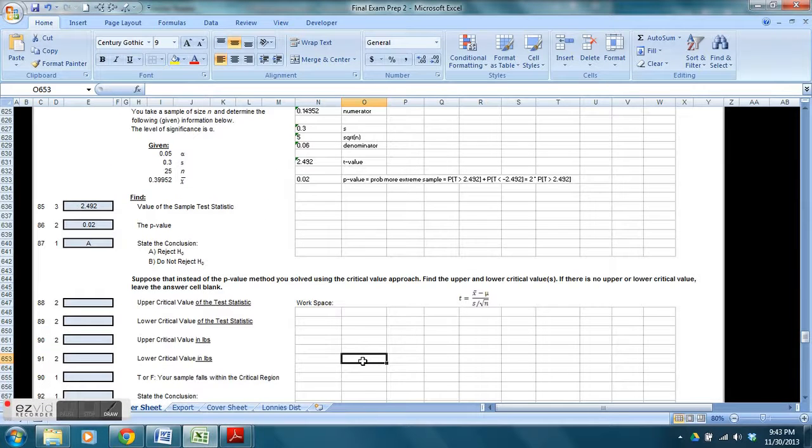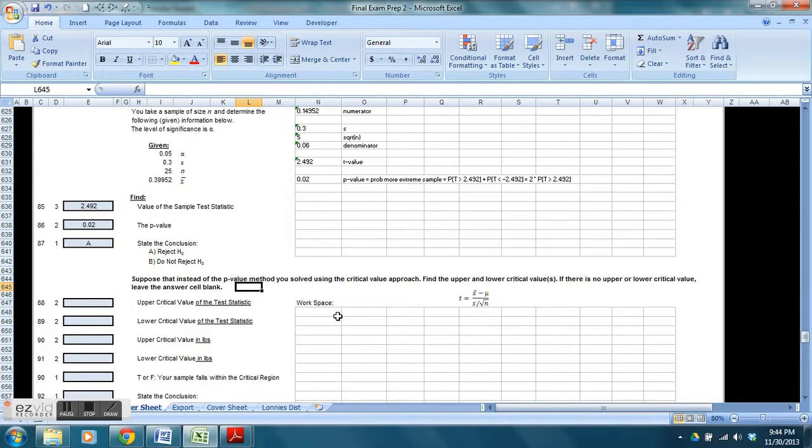Now we become concerned with the critical value approach instead of the p-value approach, so we solve the problem as if we did the critical value approach. The first question is, what is the upper critical value of the test statistic, and what's the lower critical value of the test statistic?